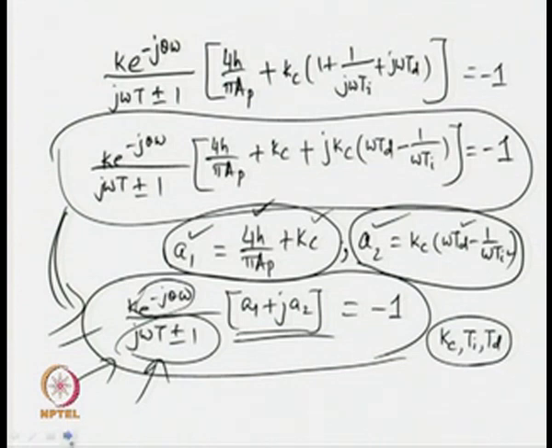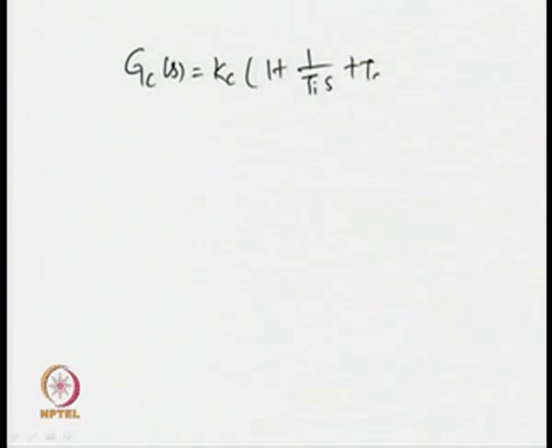Now, I mean to say, at the time of the relay experiment, you have a controller in the loop, and you must have some controller parameters, G c of s given by Kc times 1 plus 1 upon Ti s plus Td s. So, those initial values are going to determine the values for A1 and A2.